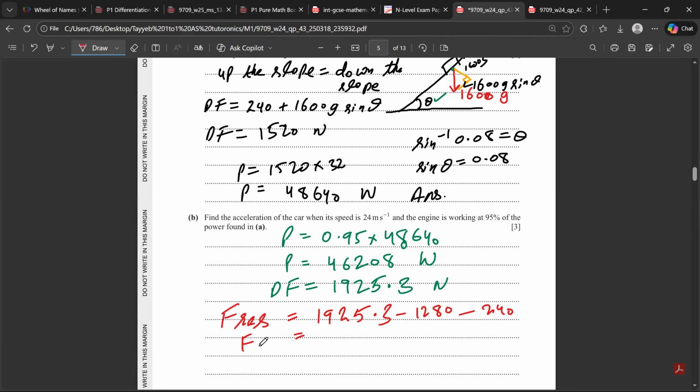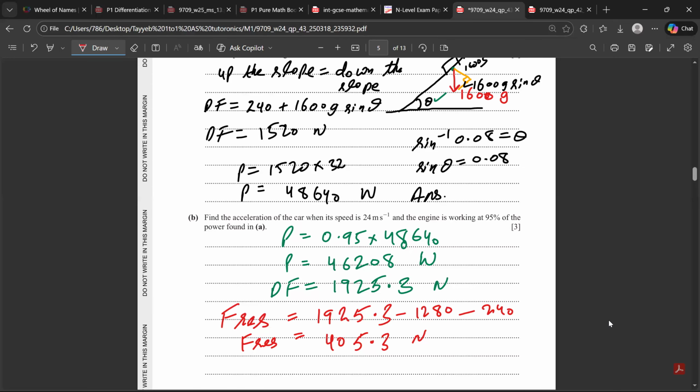So resultant force upwards is 405.3 Newton, right? Got it? Yes. So we have the resultant force and you can find now the acceleration.